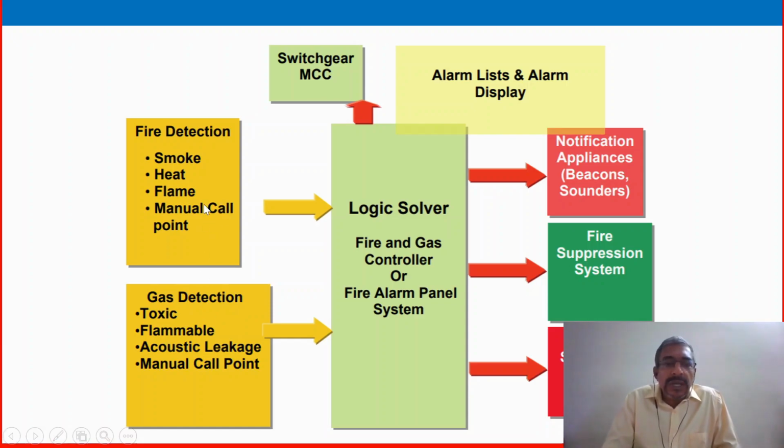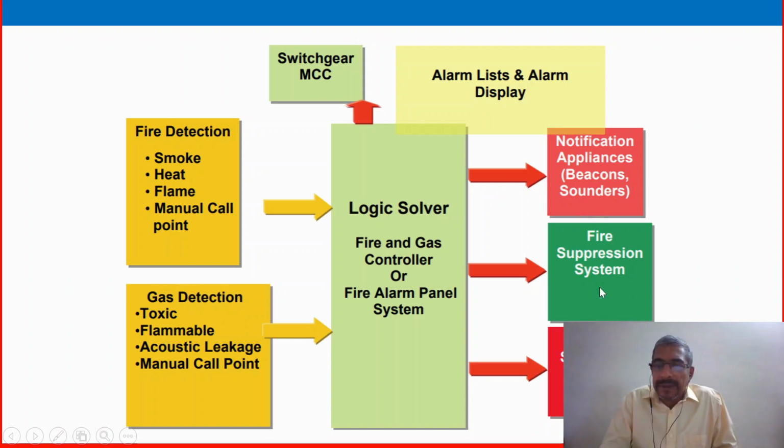The signals from these devices come to the logic solver, fire and gas controller or fire alarm panel system. From there it goes to switchgear and MCC, and develops alarms, alarm limits and alarm displays in various locations. The result is notification appliances like beacons and sounders.